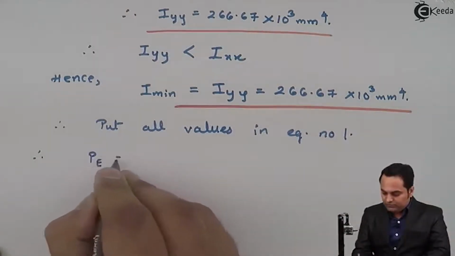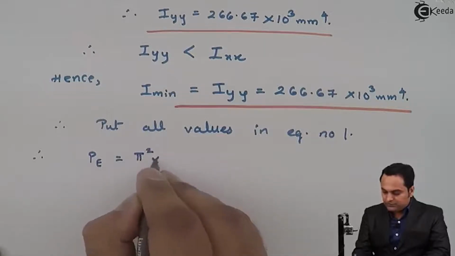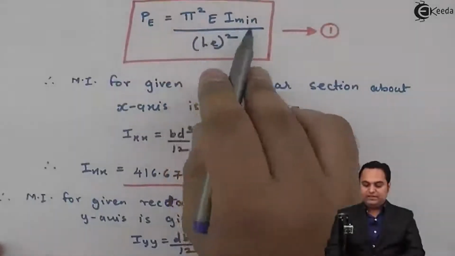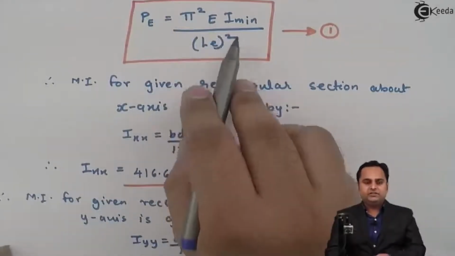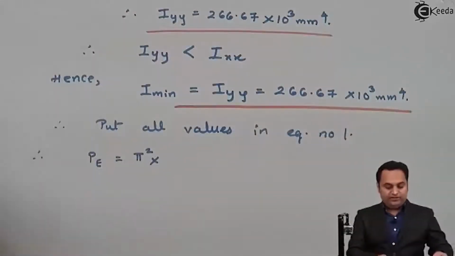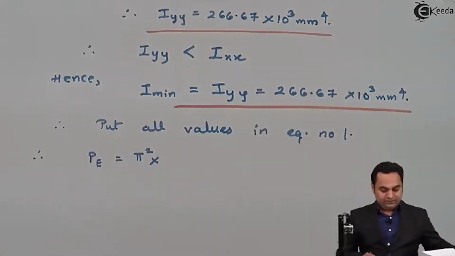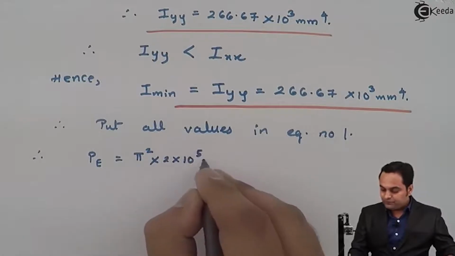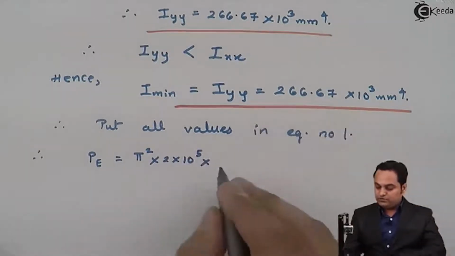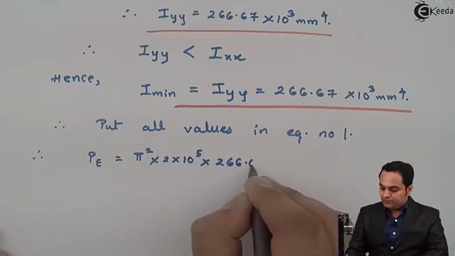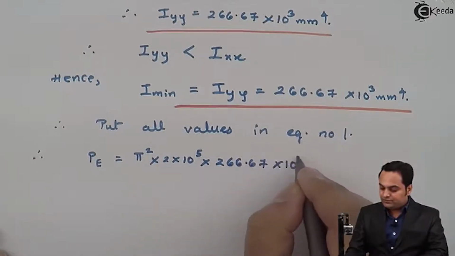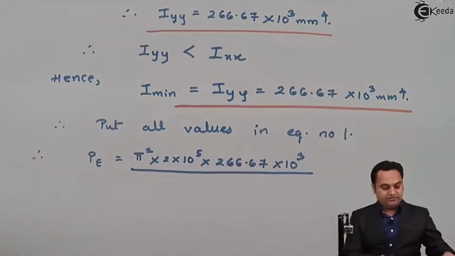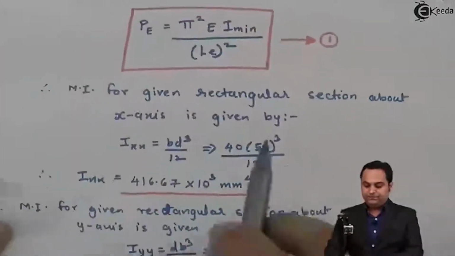So we have Euler's load is equal to pi square EI minimum upon effective length square. The value of E is given as 2 into 10 raised to 5, into I minimum, which is 266.67 into 10 raised to 3, divided by effective length square.